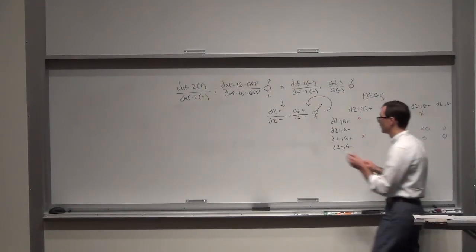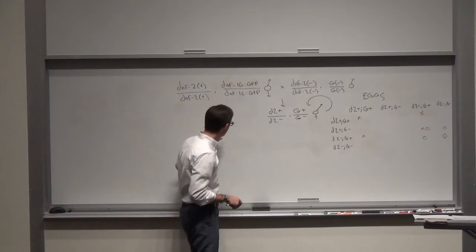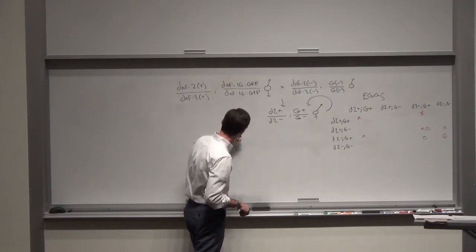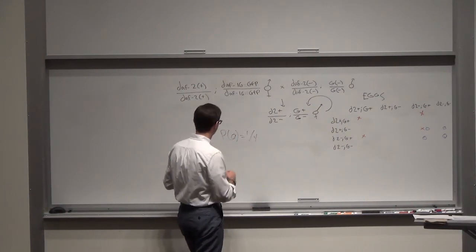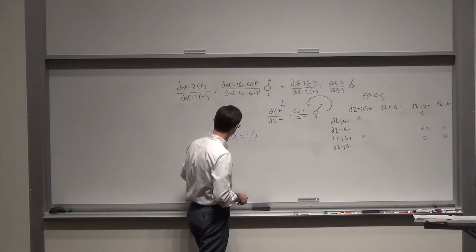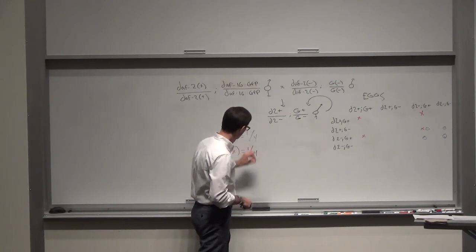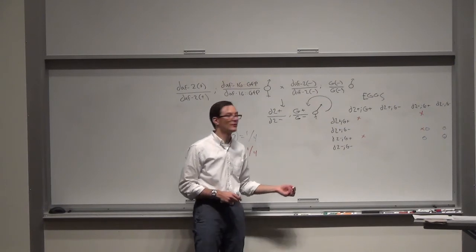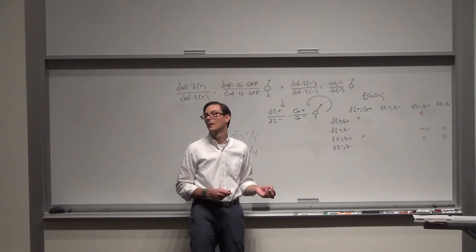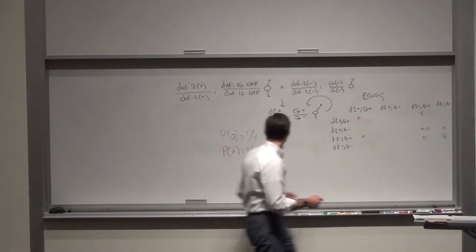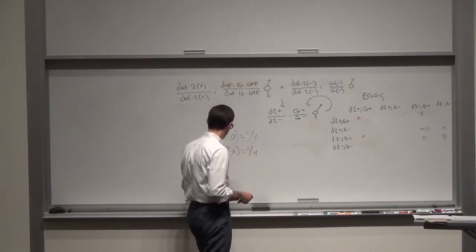So let's just write that out. So what's the probability of X and O? 1/16.